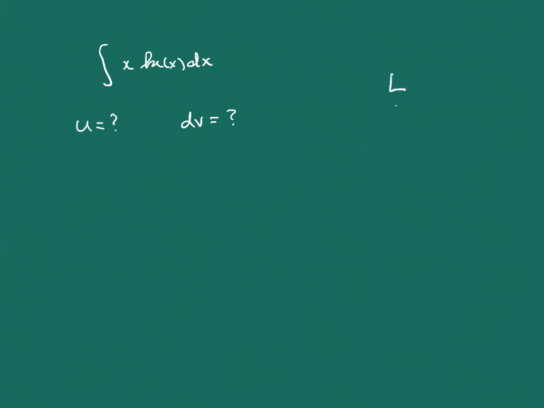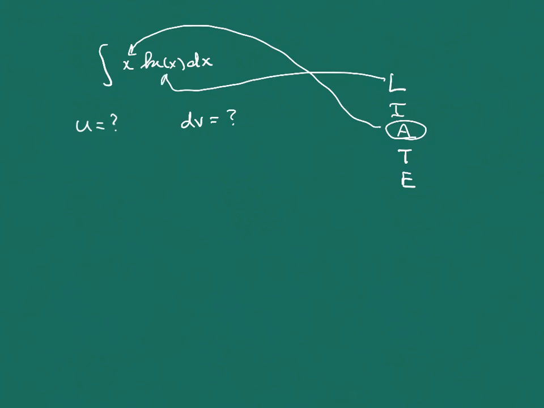So I've got LIATE. In this case, an algebraic function in the x, and I've got a logarithm function in the natural log. And so which one is going to come higher in that list?